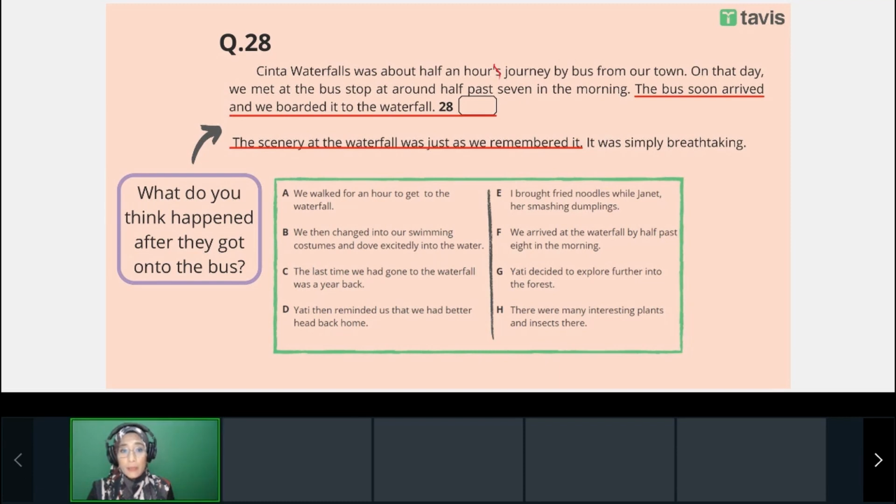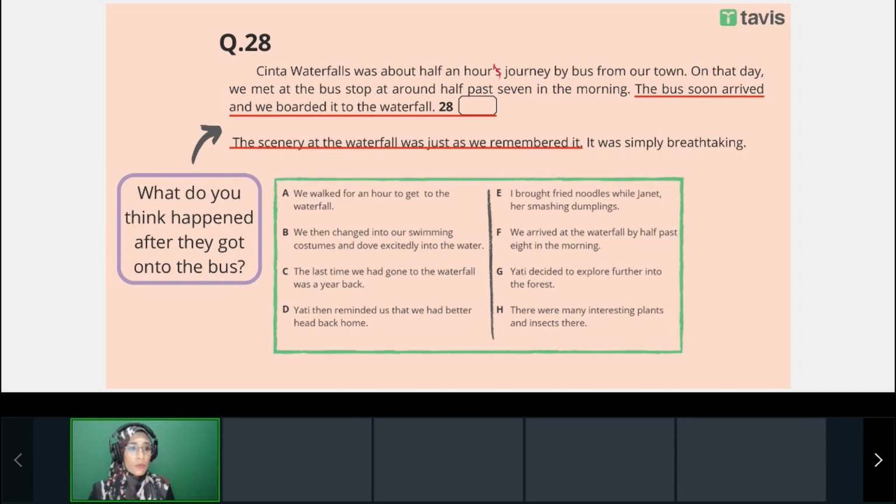So what happened before and after? Definitely they have arrived, right? Because they boarded around 7:30, and the next line says the scenery at the waterfall. So they have arrived at the waterfall.